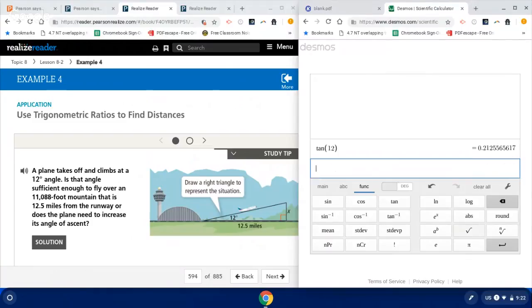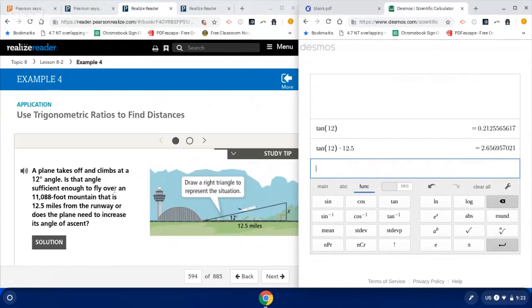And then I'm going to just multiply that. So I guess I could have done tangent of 12 in one step times 12.5. And basically, we're just getting that answer from the calculator.